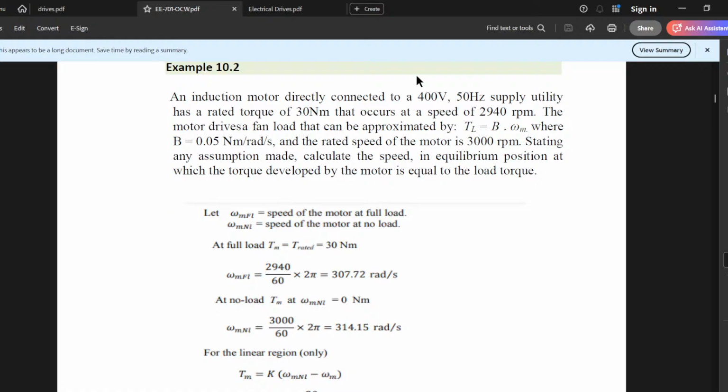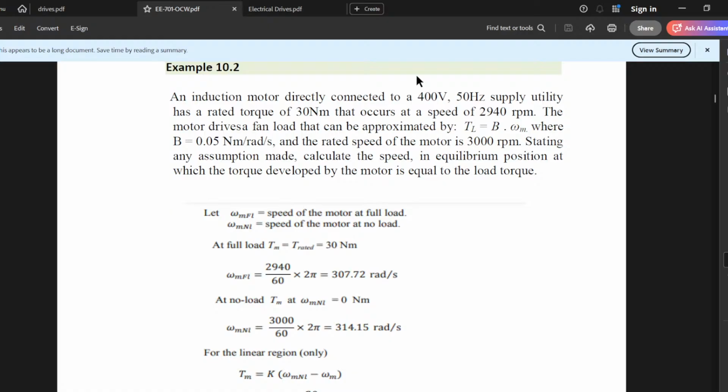Now at no load, the torque becomes 0. So at no load, the torque becomes 0, the load torque, yes.